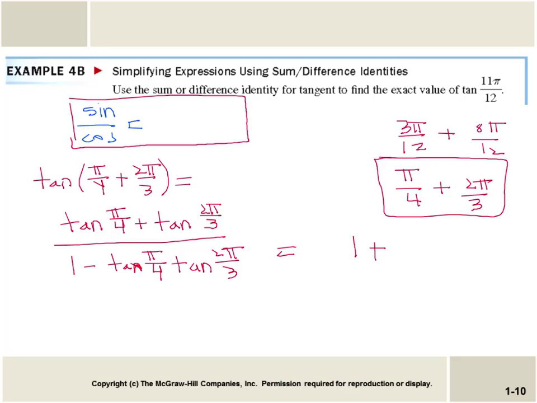Okay, so Sajida, what quadrant is 2 pi over 3 in? Good. What's the reference angle?